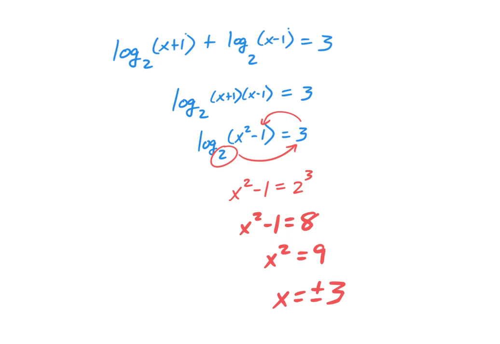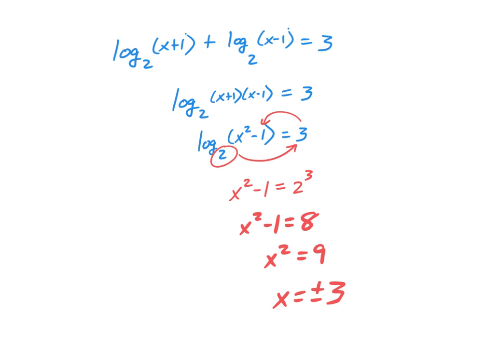So this is log 4 base 2, log 2 base 2. If I have log 4 base 2, 2 to what power gets me 4? 2. So this whole expression would become 2. Log 2 base 2 would just become 1. 2 plus 1 equals 3. Okay, it checks out.